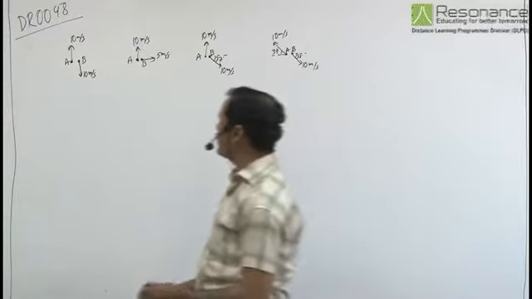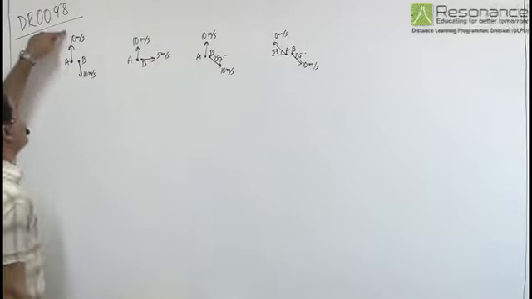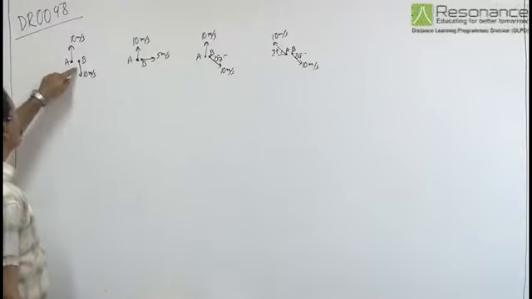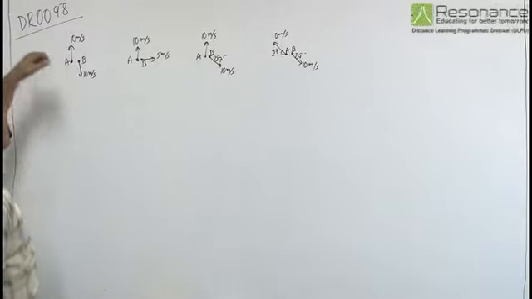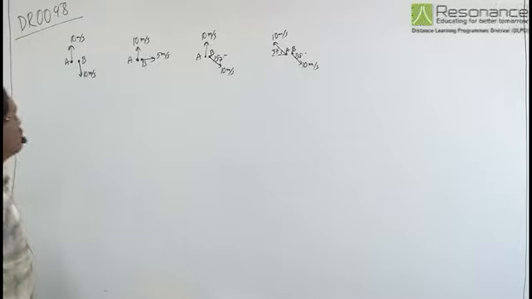So in the first situation, if I consider ball A, as it is projected vertically upward, when it returns to the same horizontal level, its velocity becomes vertically downward, and that too 10 meter per second.